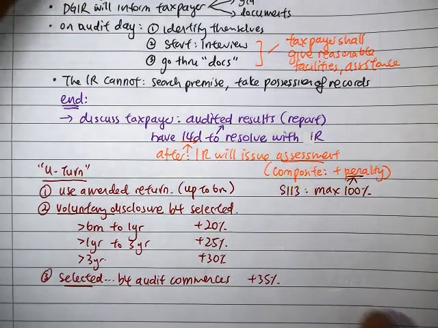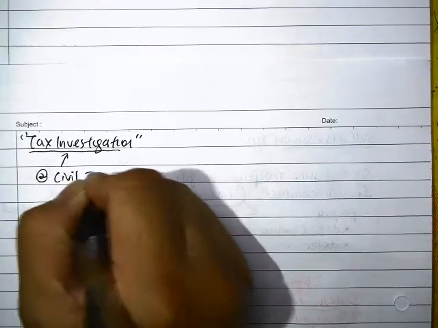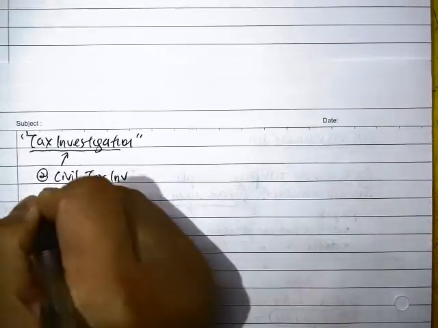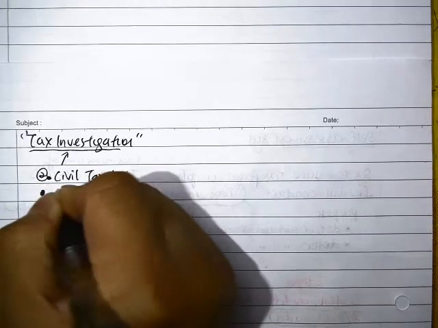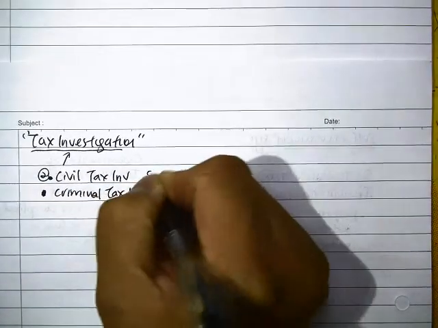Now besides audit, there's also another issue called tax investigation. A very small area. Investigation has two types: civil tax investigation and criminal tax investigation.